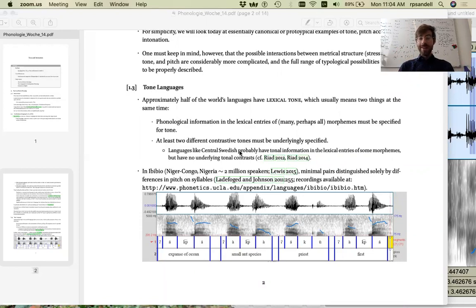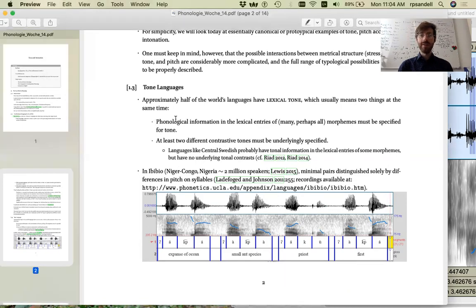There are complications to this picture. As we'll see, there are a number of different complications to discuss today. There are languages like Central Swedish, which probably have tonal information in the lexical entries of some morphemes, but they don't have any underlying tonal contrasts. So in the analysis of Central Swedish prosody, according to Riad, some morphemes may be marked underlyingly for high tone, but there is no contrastive tone.